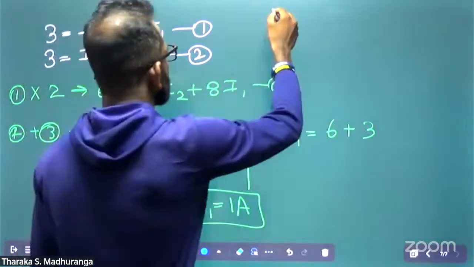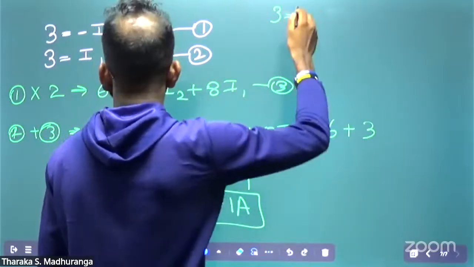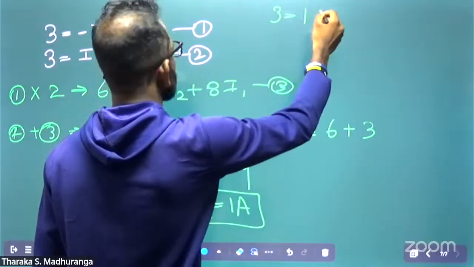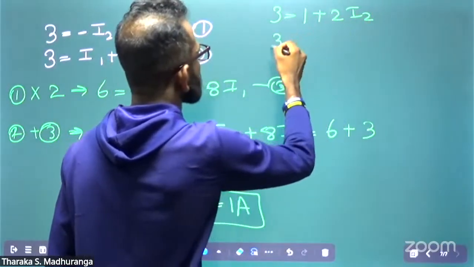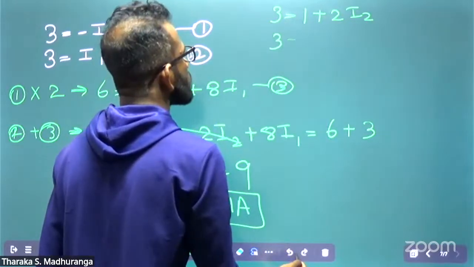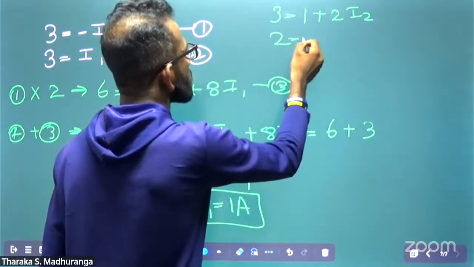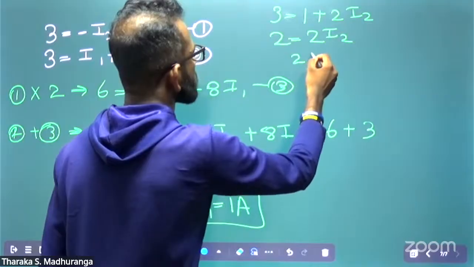Then I am going to substitute into the second equation: 3 equals I1, meaning 1, plus 2I2. 3 equals 1 plus 2I2, moving 1 to this side, then it is 2. 2 equals 2I2. Then I2 equals 2.